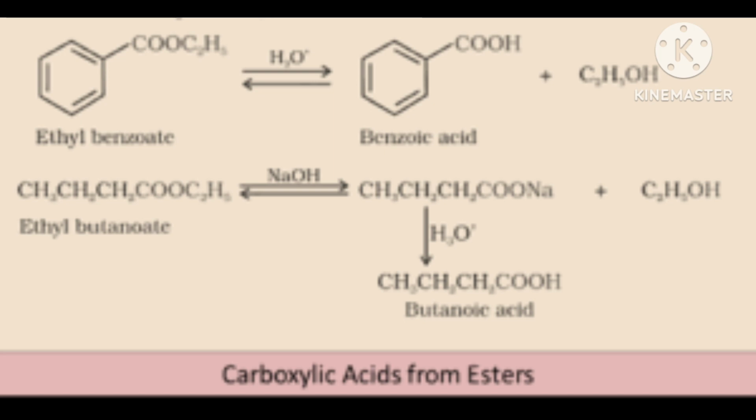Now that CO will be as it is. Then in COCH3, that CH3 also: 2H will go as H2O, 1H is remaining, and C will convert to CO2. Then you will get COOK. Both groups we got COOK.